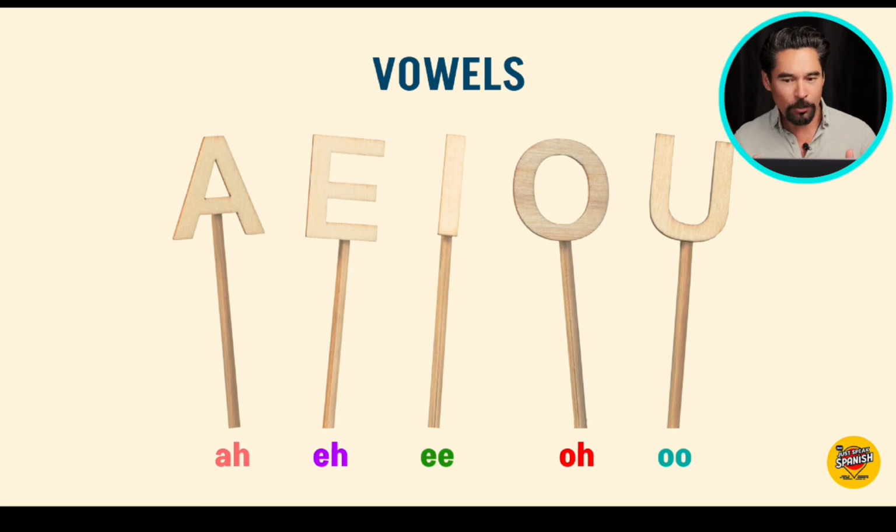So let's take a look first at the letter A. English A in Spanish is A. And what you want to do is open your mouth and let your jaw drop. So you say ah. You have a nice full sound. And it's always the same. That's the beauty about Spanish, it's a phonetic language. It is pronounced the way it's written.